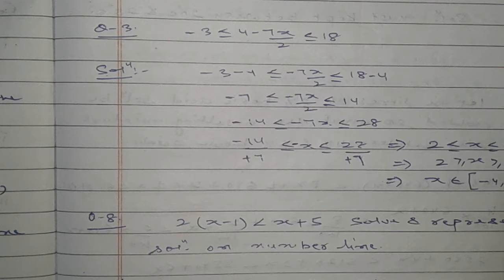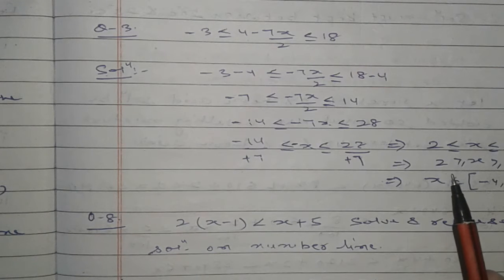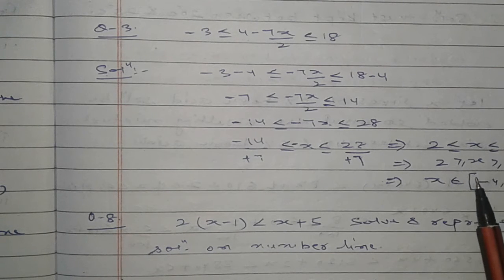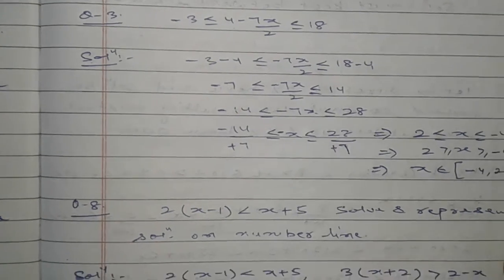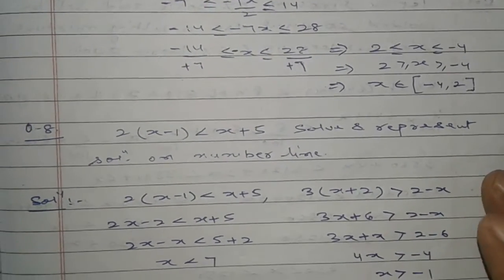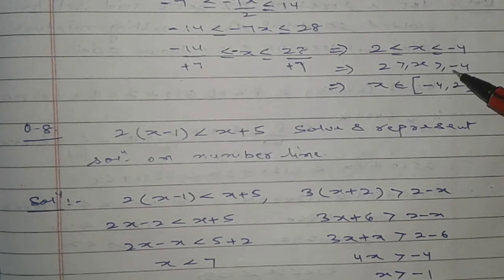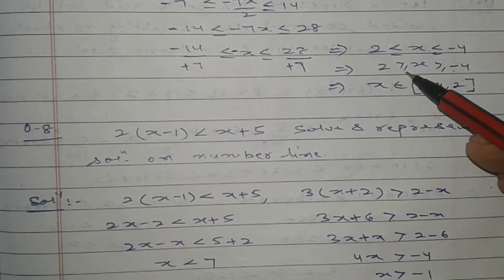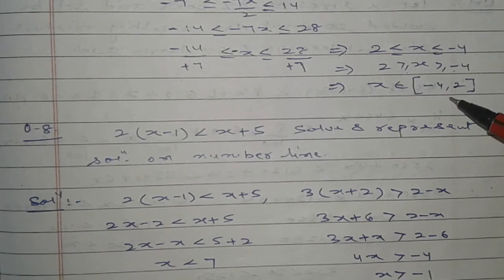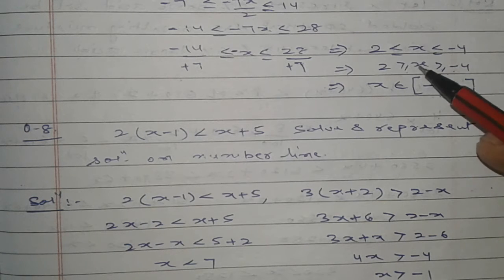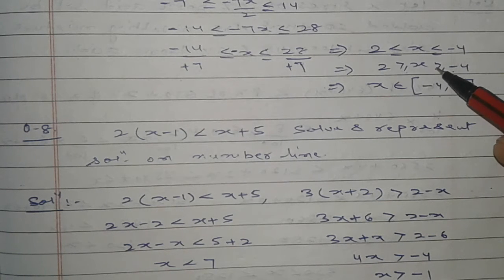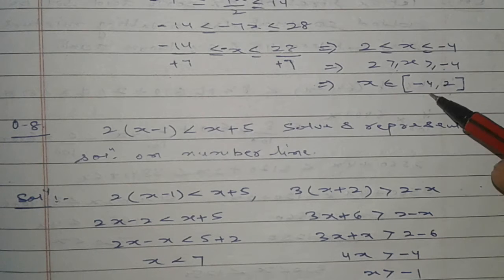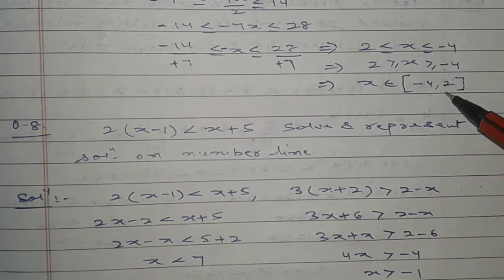So if you change this minus sign, it will be x is greater than minus 4 but less than minus 2. So minus 4 and 2 with closed interval, because the sign also has equal to. With closed interval, minus 4 and 2 will be the solution.